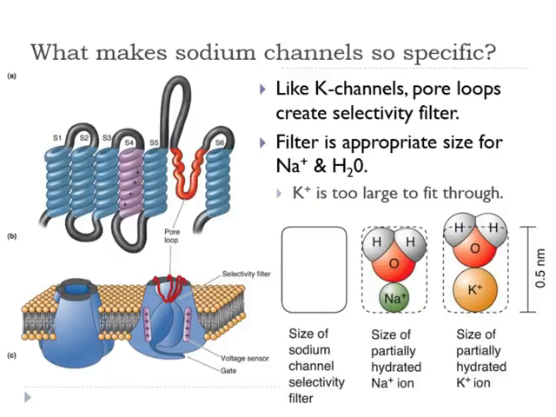But it's sized just slightly differently, so that in this case, the channel is just big enough to allow a sodium ion. So this is the size of the sodium channel selectivity filter. Basically, this is just saying this is the size of the channel. If this is the size of the channel, that is just big enough to allow a sodium ion as well as a water molecule that's associated with it to enter into that filter and pass through the channel.